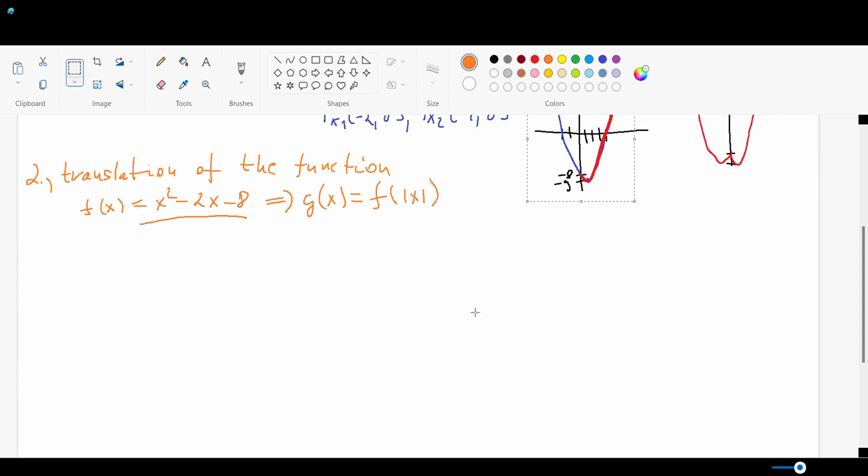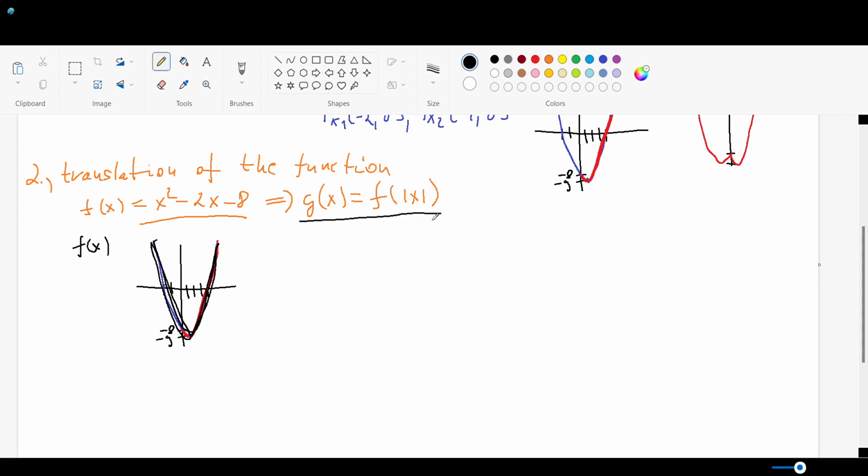The graph looks like this. I have done this a couple of times. So this is the graph of f of x, the black line or the black parabola here.